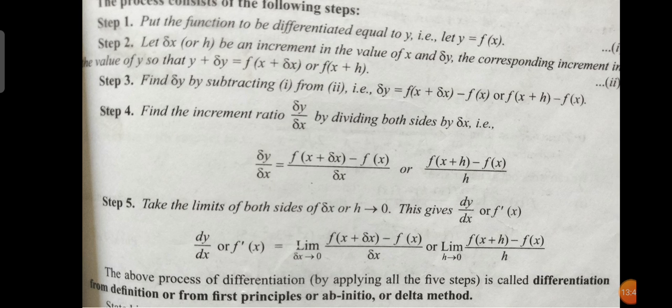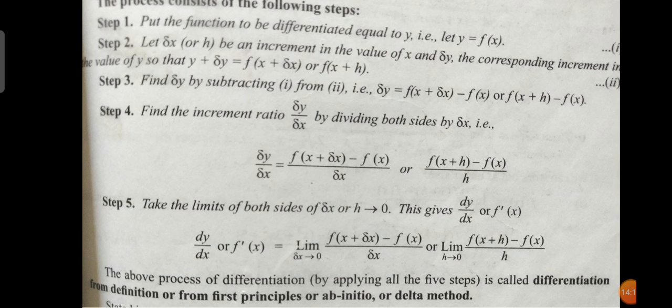This is the differentiation from definition, or the delta method. Delta x or h is the increment you take for x, and delta y is the increment for y. Then you subtract the two equations, divide by delta x, and take the limit as delta x or h tends to zero.